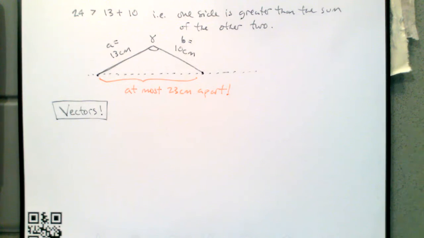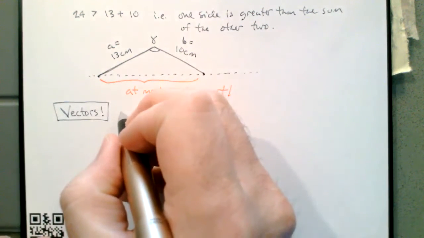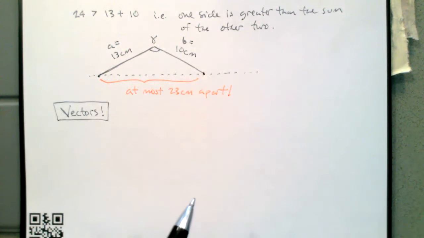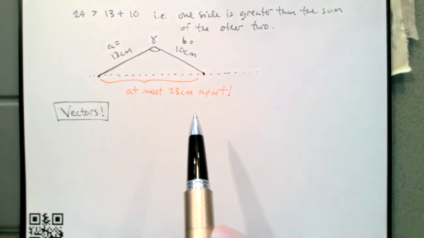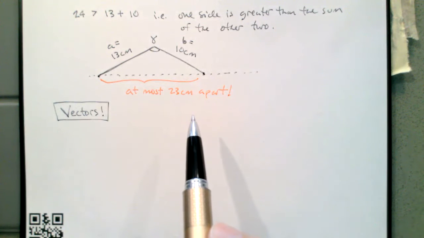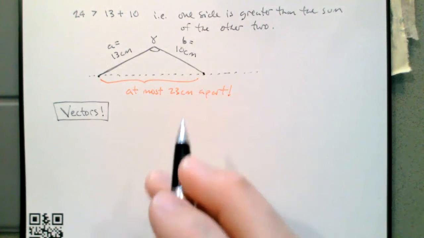Let's talk about our next big thing. Vectors. A vector is a quantity with a magnitude and direction. That's how we want to think about vectors. It's different than a number like 13 centimeters. That's just a distance.